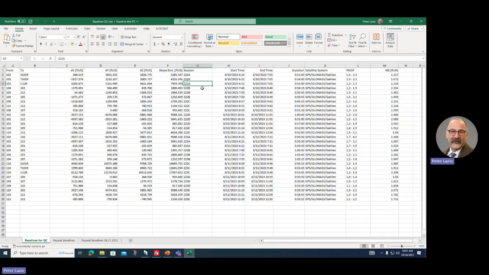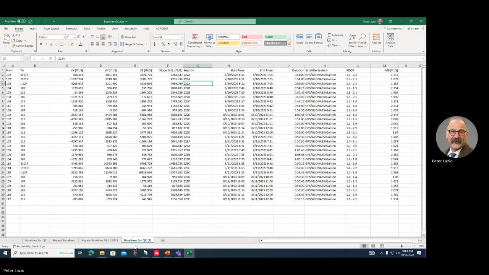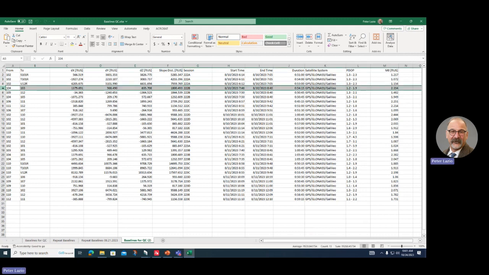Okay, so I have all my vectors here, and I'll just copy this and start pulling out my vectors. I know my baselines to my benchmarks, so like 104 to 103.